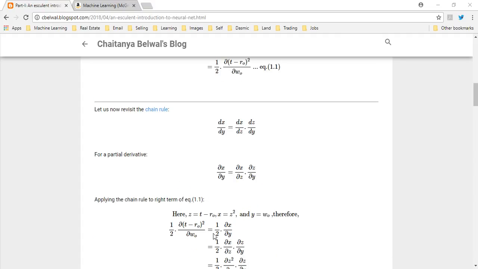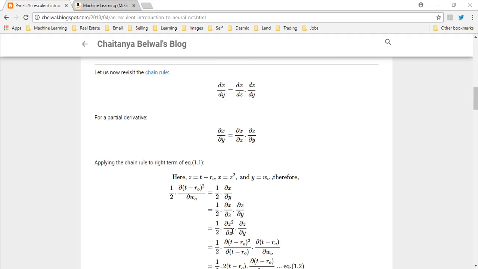So this was the original term for equation 1.1. We just copy it here and say this is equal to half x by y, because x is equal to (t minus r0) square, which is the value of z, and w0 is represented by y. So applying the chain rule, we break it up into x by z and z by y, as has been given in this equation for partial derivative.